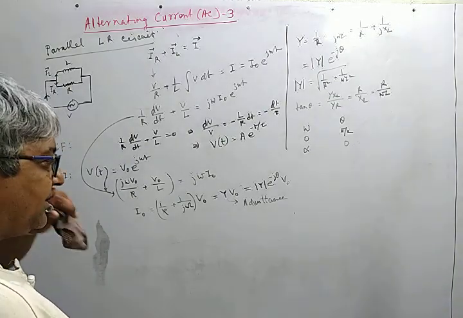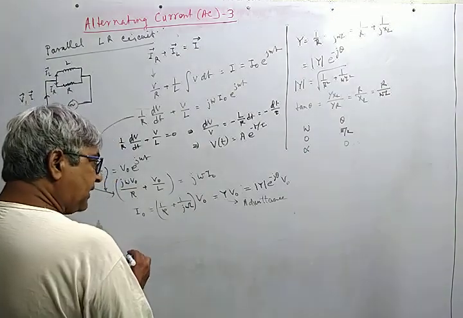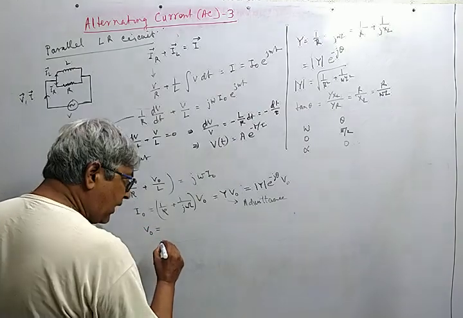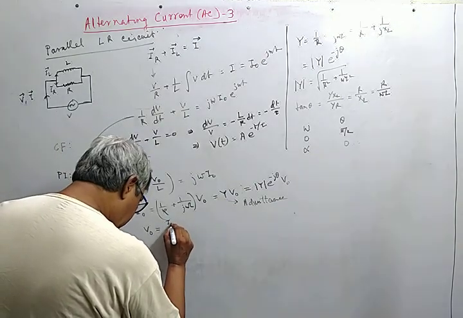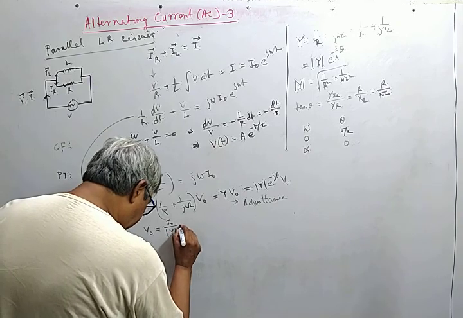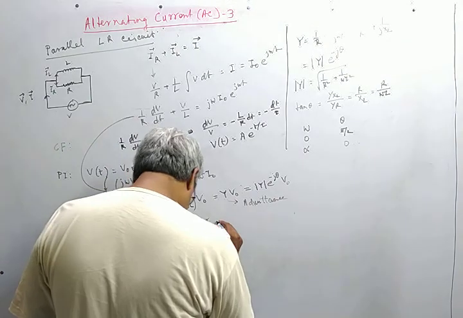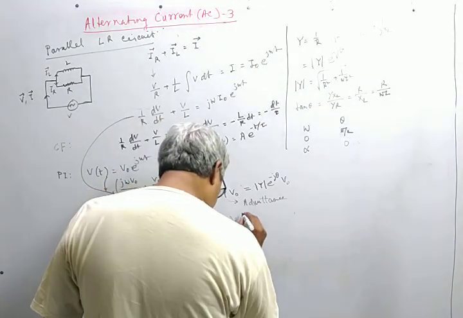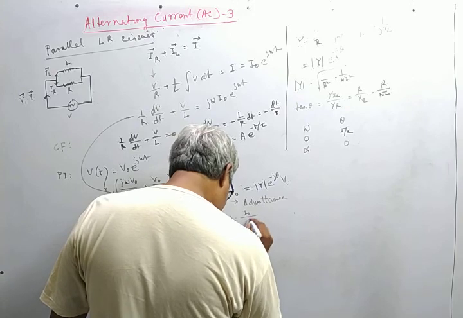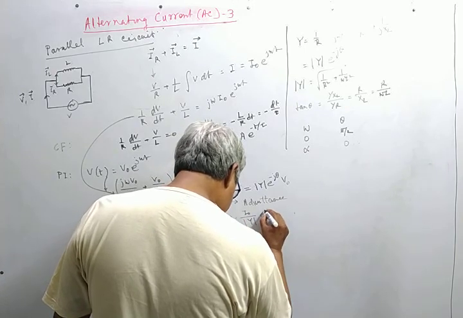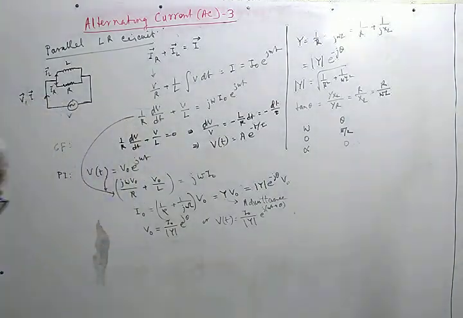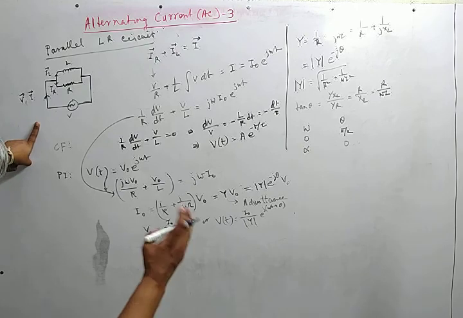Now if we write it in terms of instantaneous quantities, we find that V0 is equal to I0 by mod Y e to the power j theta, or V at instantaneous value, V at t is equal to, so the voltage leads over the applied current by a phase theta.